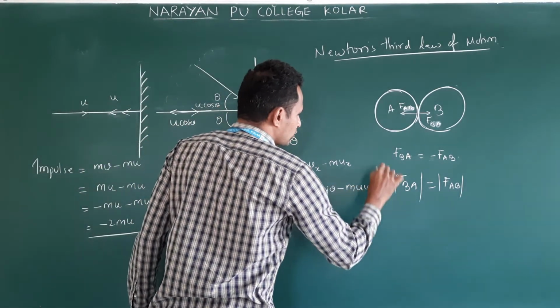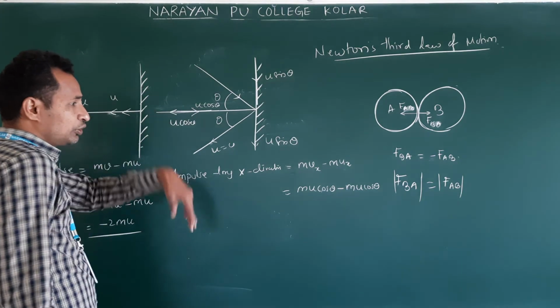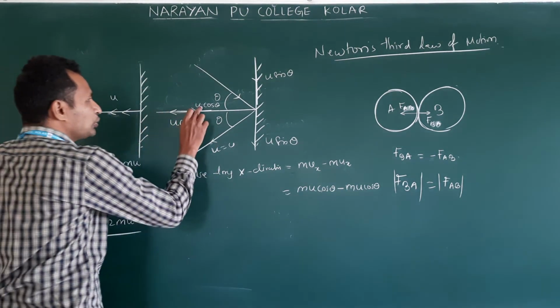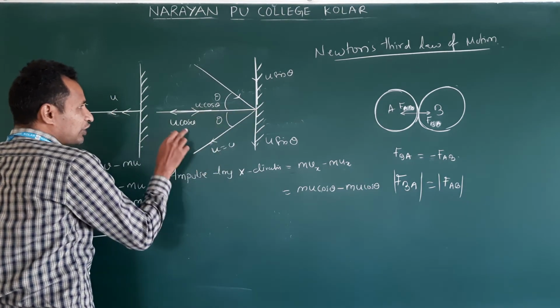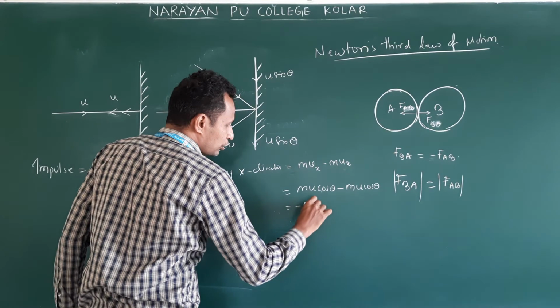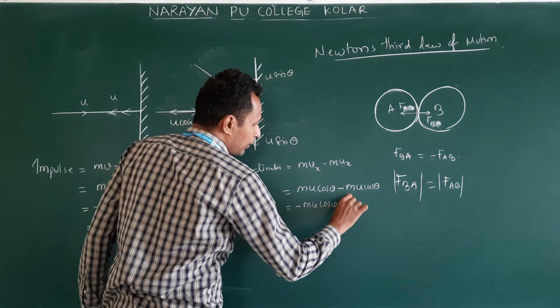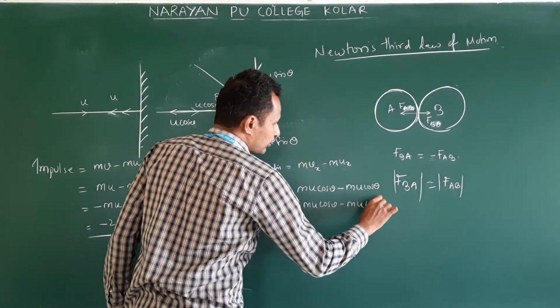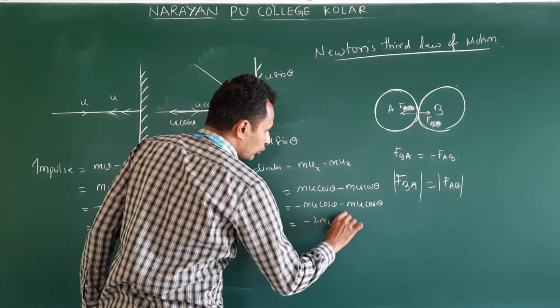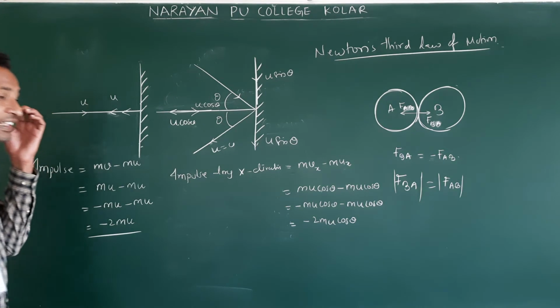Now take the directions. u cos theta is positive initially. After reflection, u cos theta is negative. So this is minus m u cos theta minus m u cos theta. Then this will be minus 2 m u cos theta, along x direction.